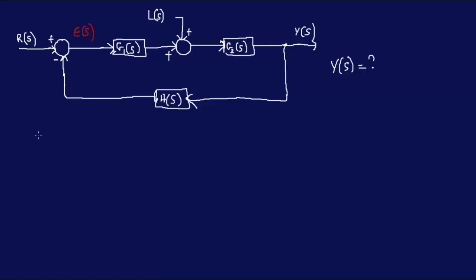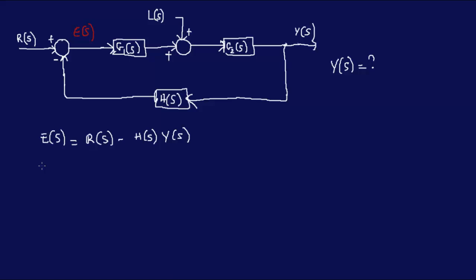I always start from E of S. So E of S is equal to R of S, the summation of R of S, and coming in here, Y of S, H of S, right? So we have R of S minus this times Y of S, attached here. So this is H of S, Y of S.